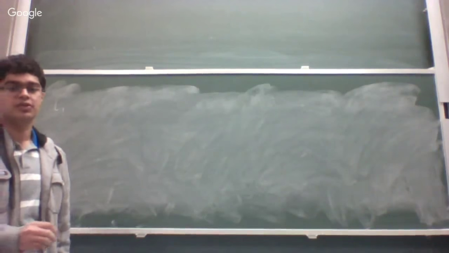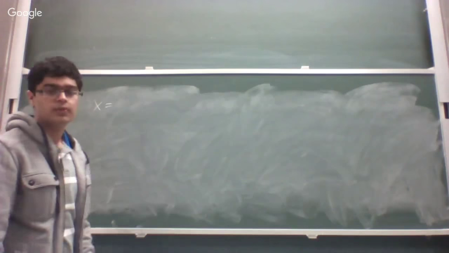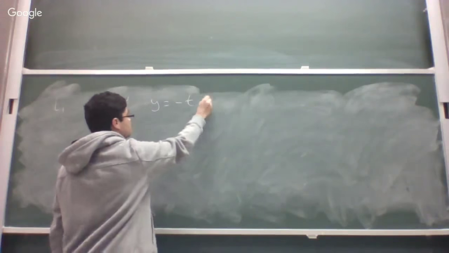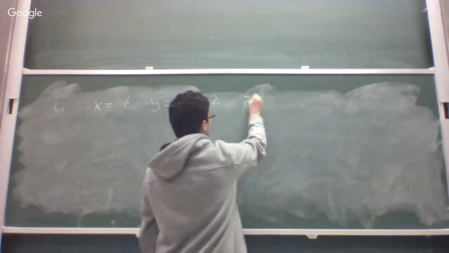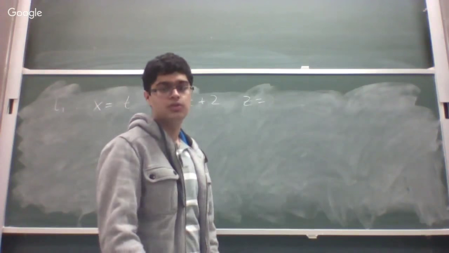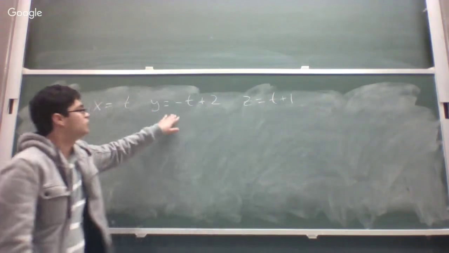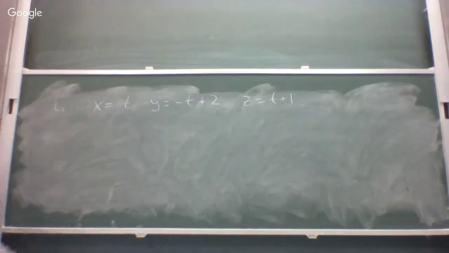So line 1: x is equal to t, y is equal to negative t plus 2, z is equal to t plus 1. Don't let it fool you when it's t plus 2 or something like that. It's still the same thing.